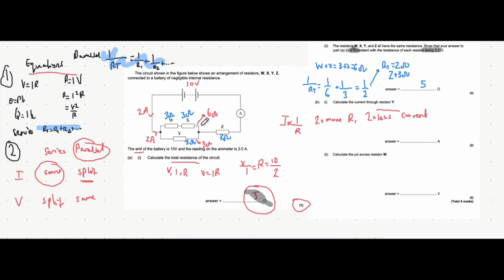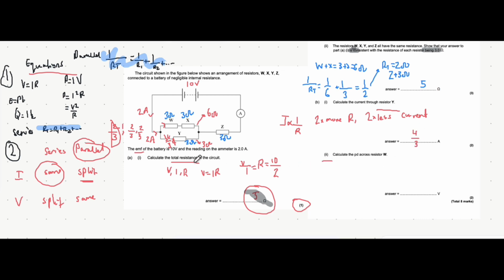But why I say that is, that means that because there's 6 ohms at the top of the junction, that's 2 times more than the resistance on the bottom of the junction. So that means that 2 times less current will flow through the top. So we split up the current into 3 parts, 2/3 amps. And like I mentioned before, because there's 2 times more resistance at the top, there's 2 times less current. So 2/3 will flow through the top, and 4/3 amps will flow through the bottom. So through resistor Y, there's 4/3 amps.